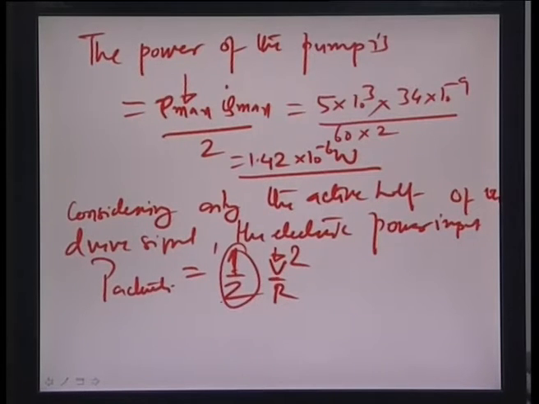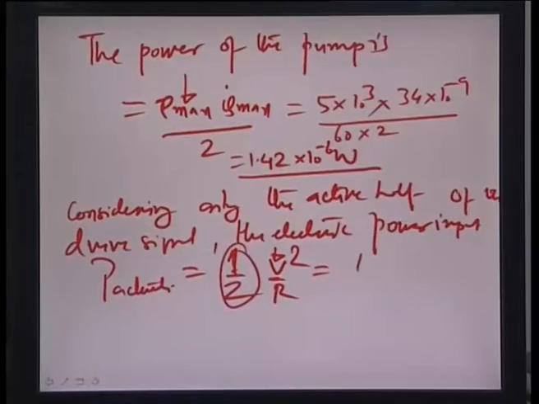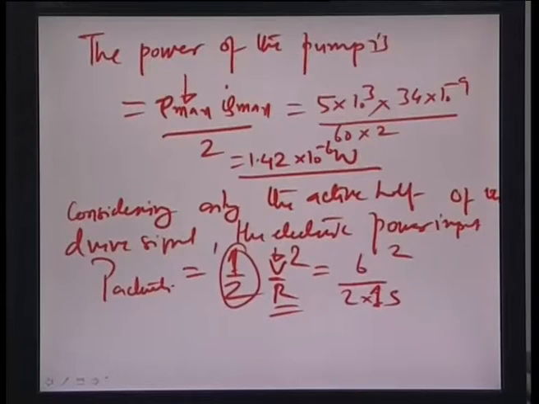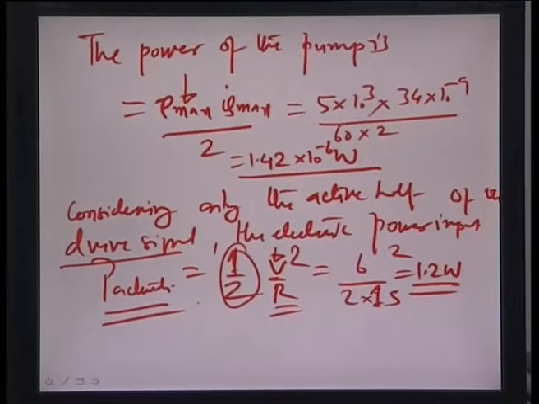So there is no power delivered from the source into the thermopneumatic chamber. So this comes out to be equal to square of 6 divided by 2 times 15. The resistance, mind you, is about 15 ohms, as has been illustrated in the example here. So this comes out to be about 1.2 watts. That's what the actuation power is.